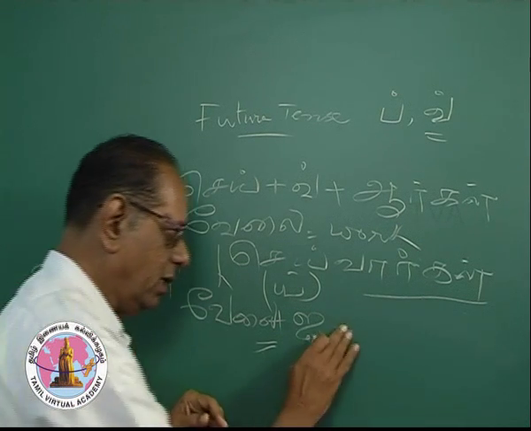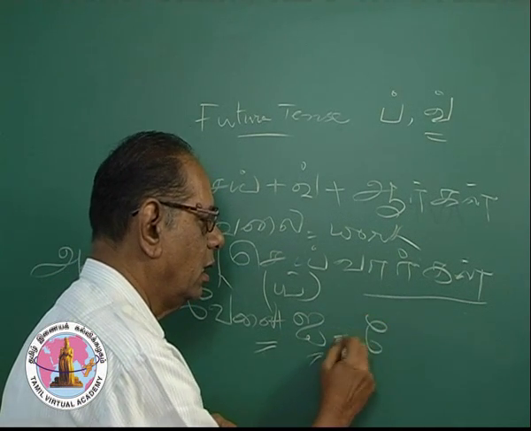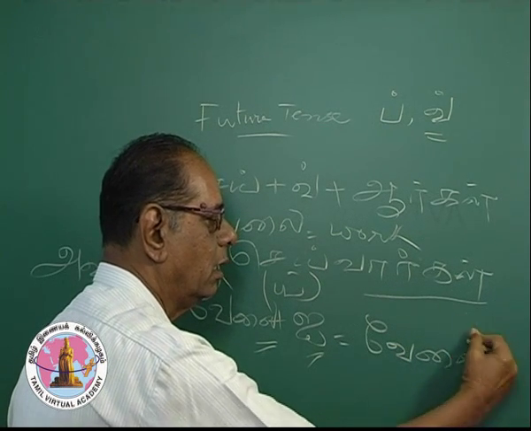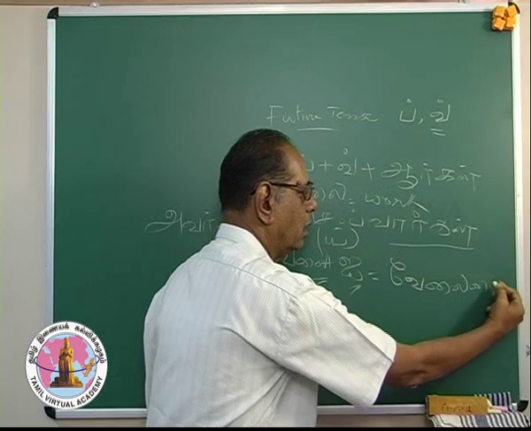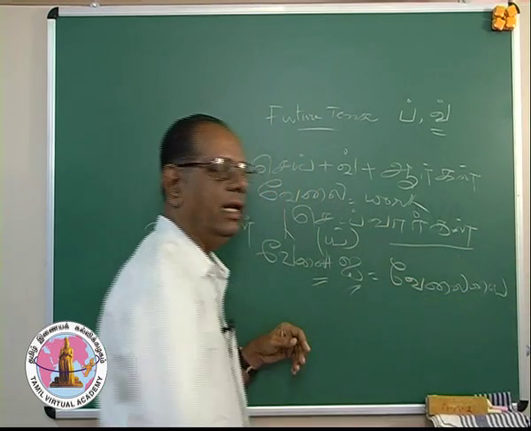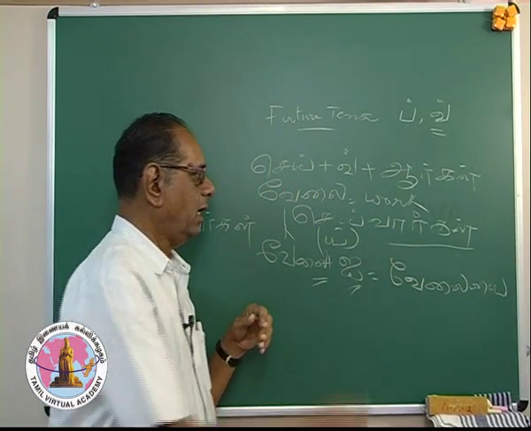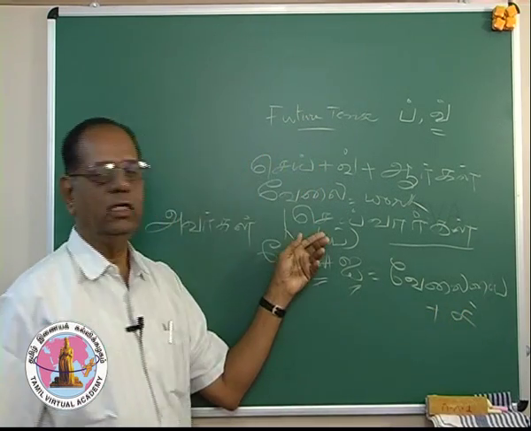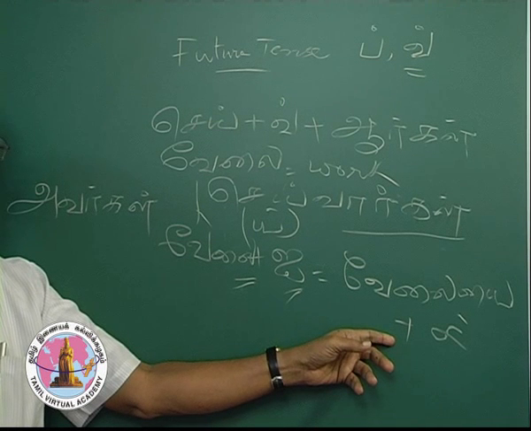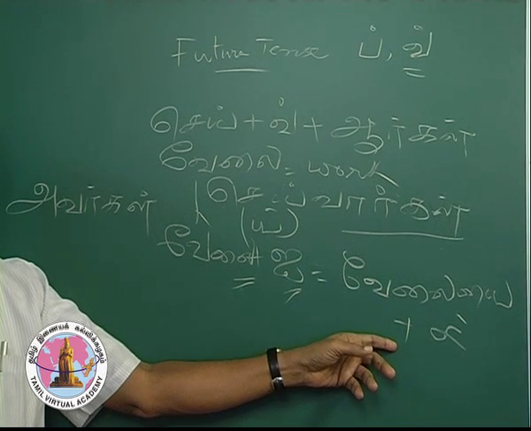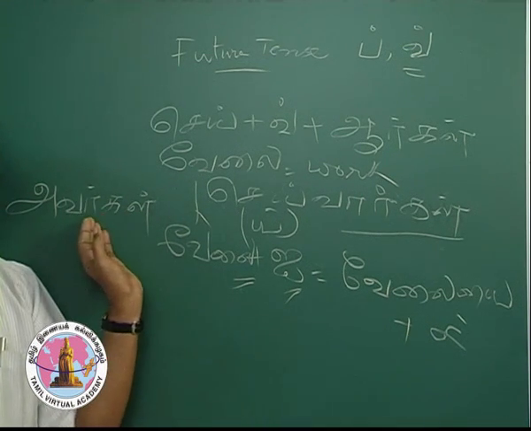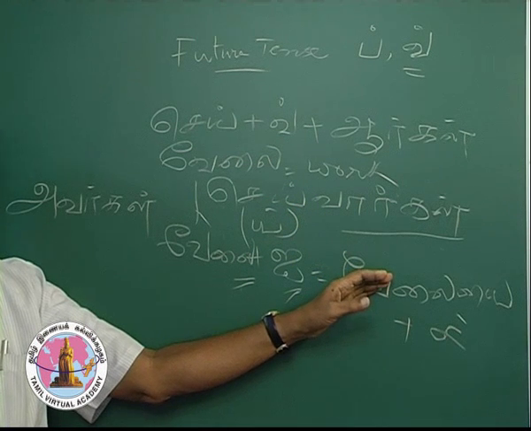So it will be வேலையை, and for செய் there will be an increase of consonant or an addition of consonant. அவர்கள் வேலையை செய்வார்கள்.